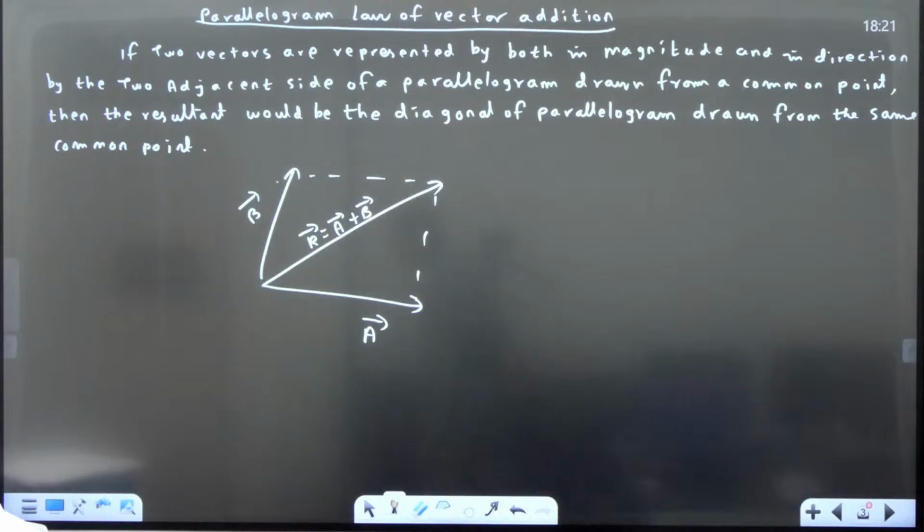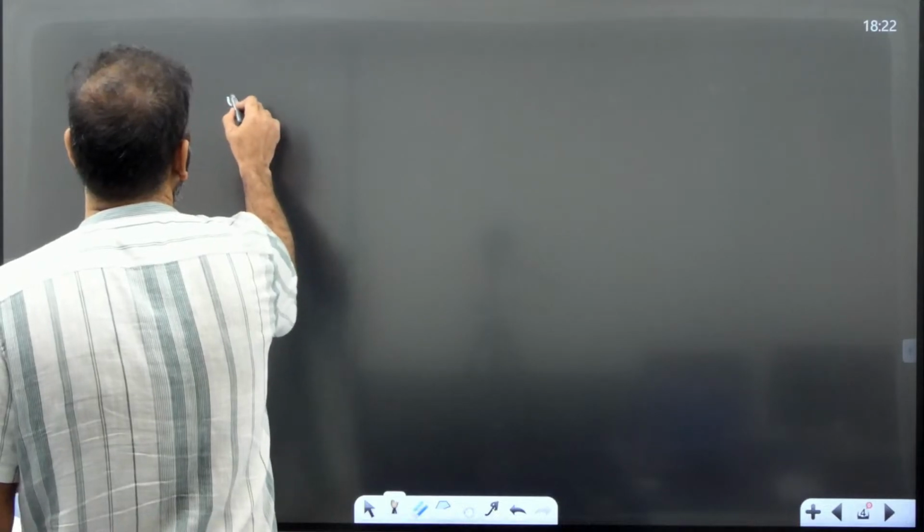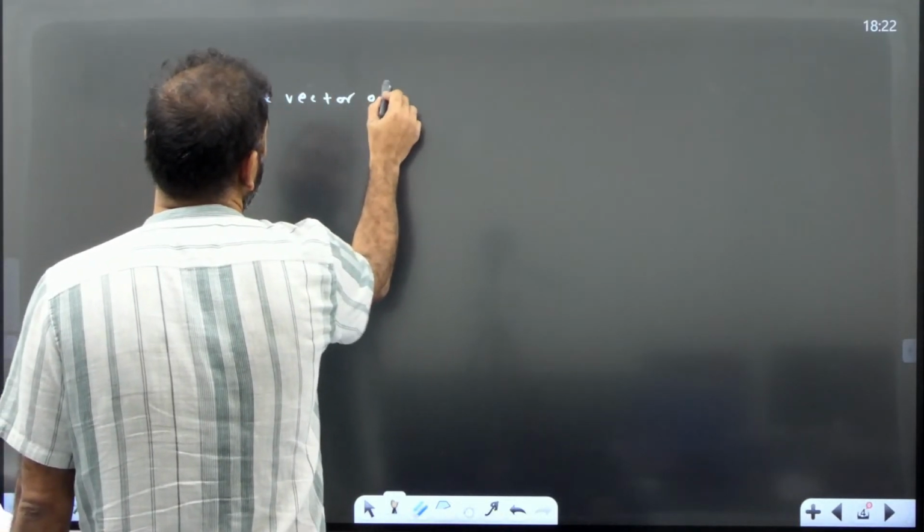All of you noted? Next, I think I have already explained unit vector of a vector.